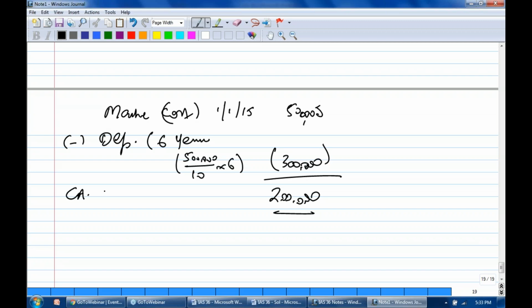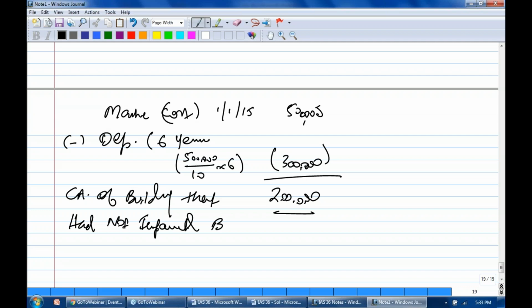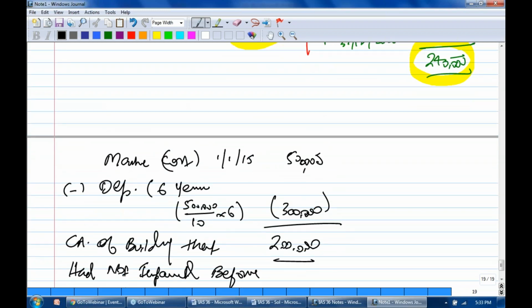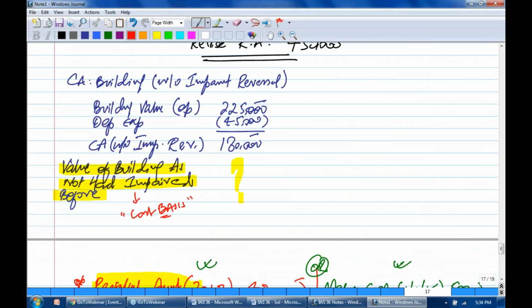That's the carrying amount of building that had not impaired before, and this is without revaluation, and this figure makes more sense on this basis.